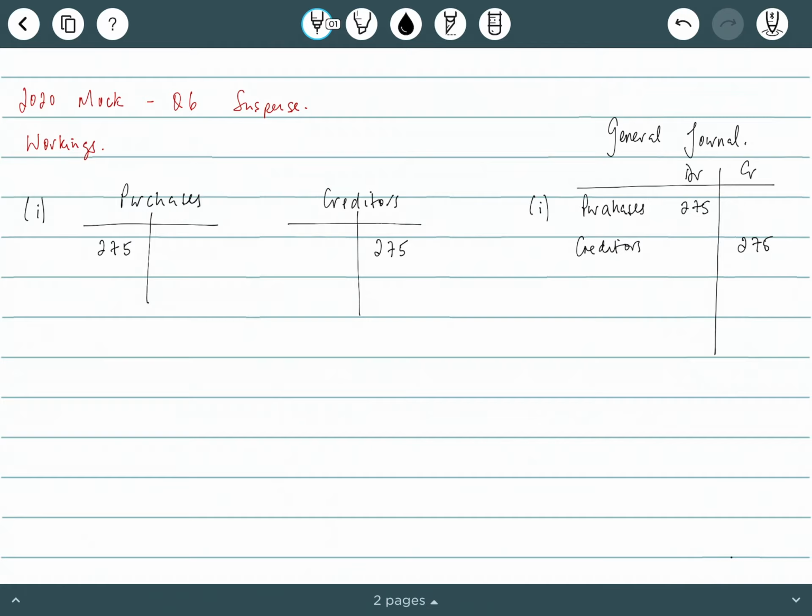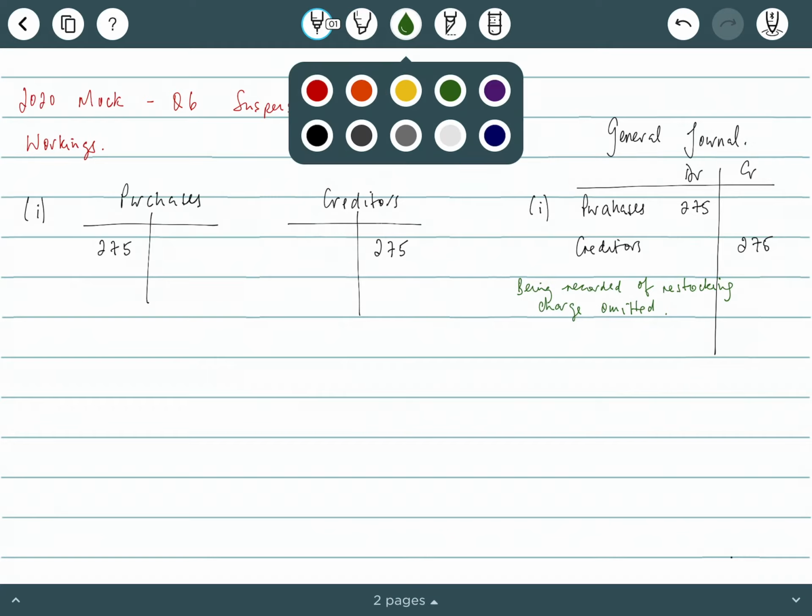So we can see, lads, that there's no suspense, but we do need to make a little entry here, so being recorded, in this case here, lads, of restocking charge omitted. Okay, so that's the first one done. Moving on to working two.